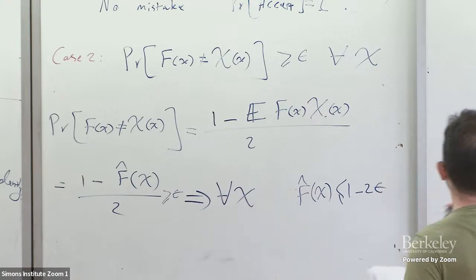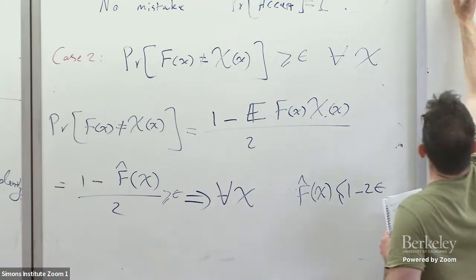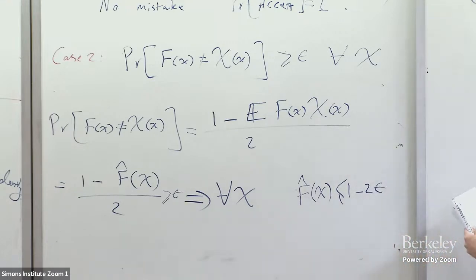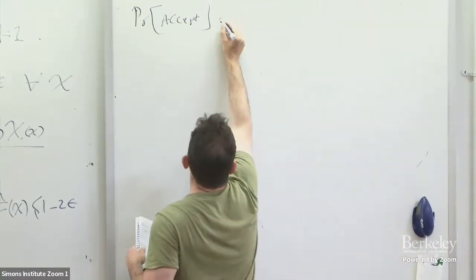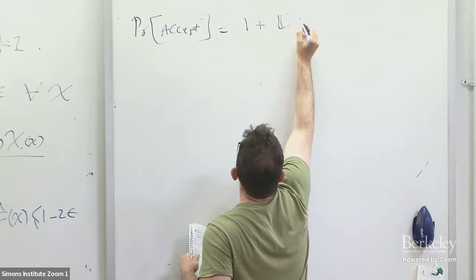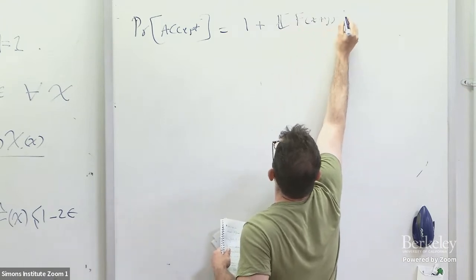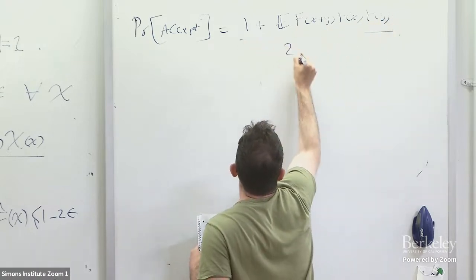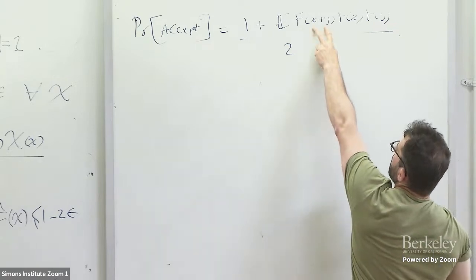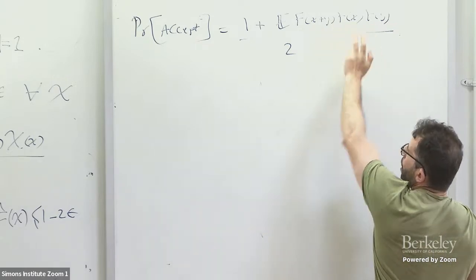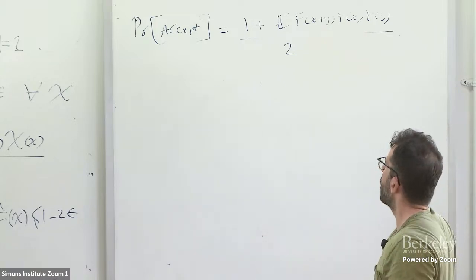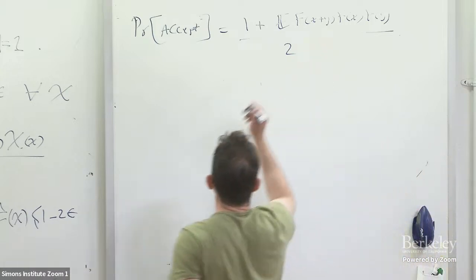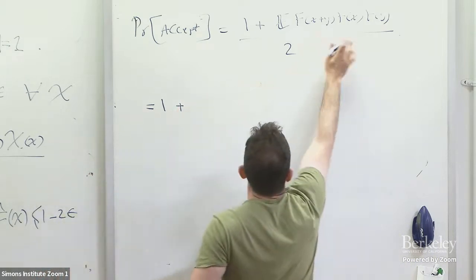Okay, so if you look at our test now, the probability that the test accepts, we can also write as 1 plus the expected value of f of x, f of y, f of x plus y, divided by 2. Something similar, right? If these two things are equal, you get a 1 here. If they're not equal, you get a -1. So you get this formula for the probability.